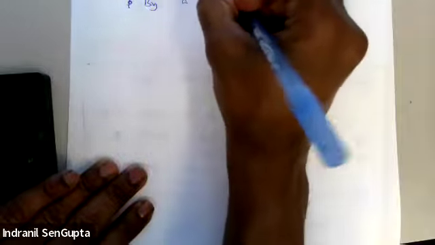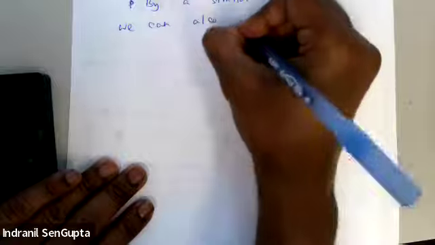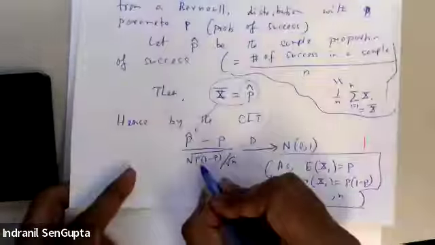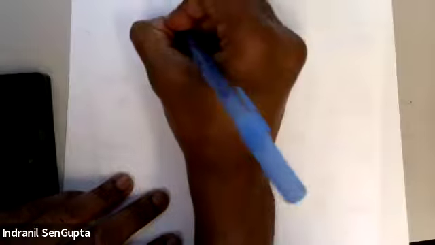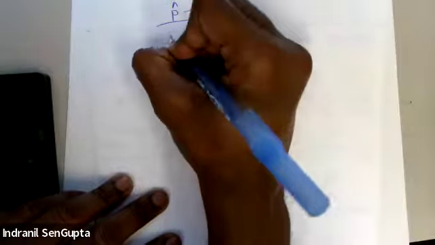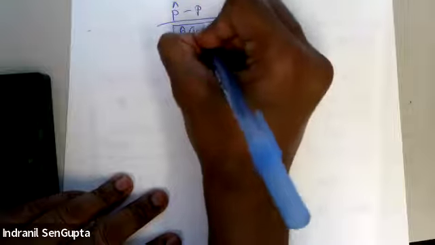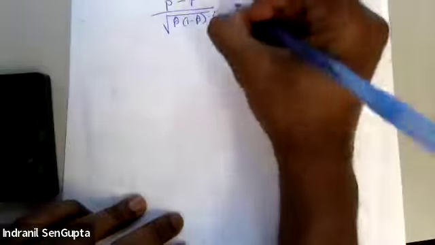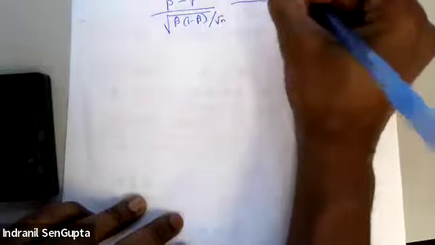So hence, by a similar argument as before, we can also conclude that if I replace these p's by p hats, meaning p hat minus p over square root of p hat (1 minus p hat) over n, that also in distribution goes to the standard normal distribution.